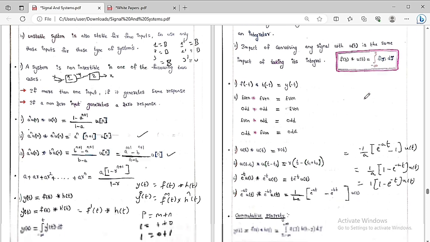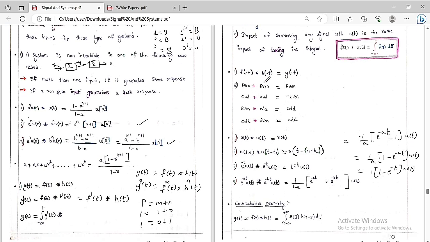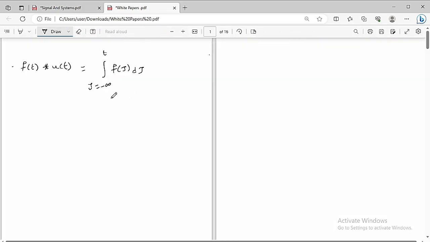Now the next point is f of minus t convolution h of minus t is equal to y of minus t. As I have already told you, f of t convolution h of t is equal to y of t, and f of at convolution h of at is equal to 1 by mod a into y of at.